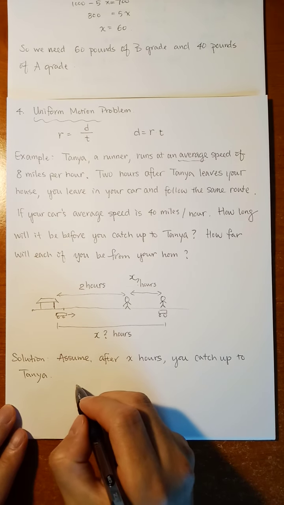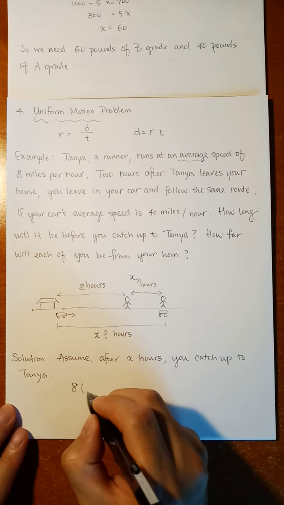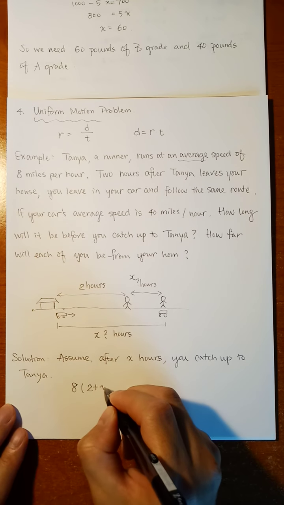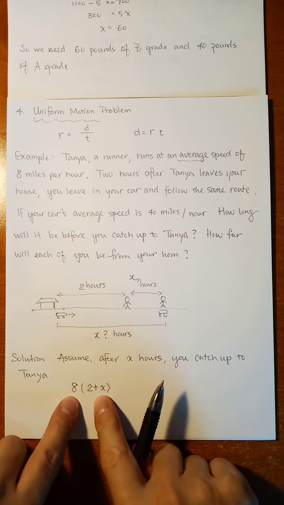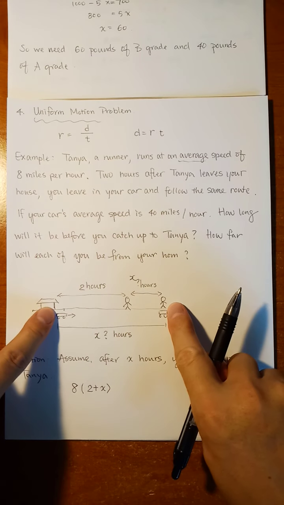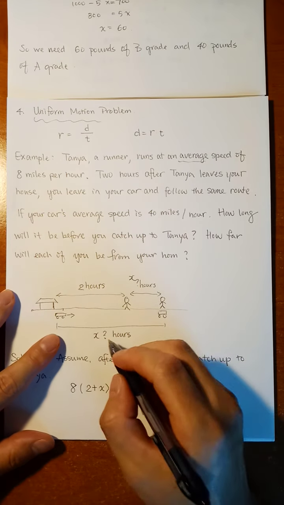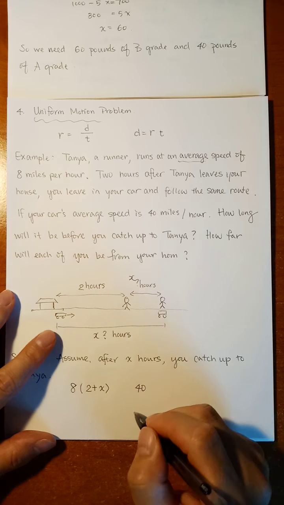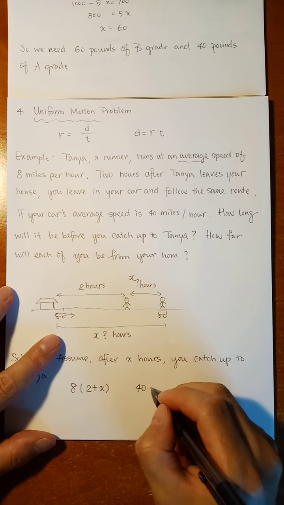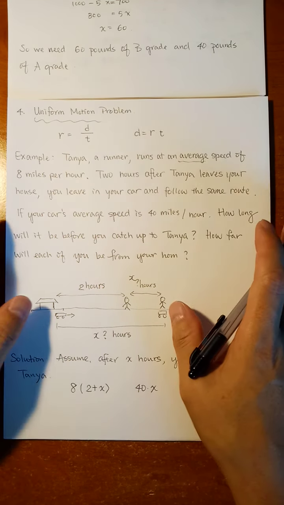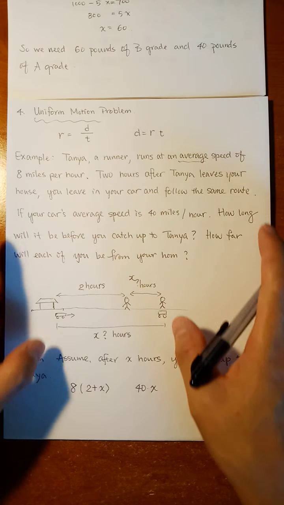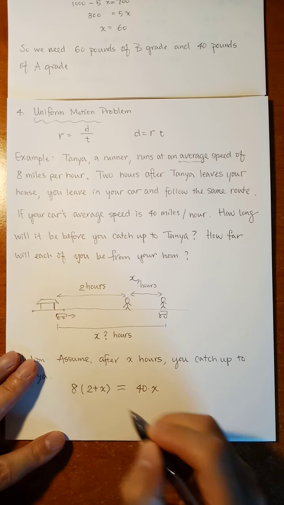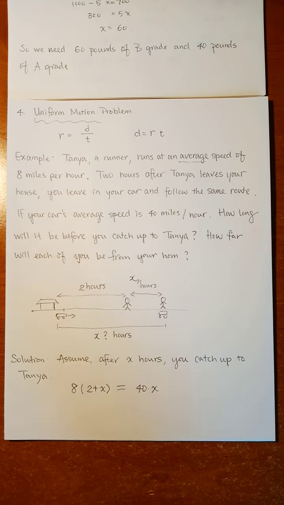So Tanya has speed 8 miles per hour, and she runs 2 hours plus X hours. Speed times time is the distance.